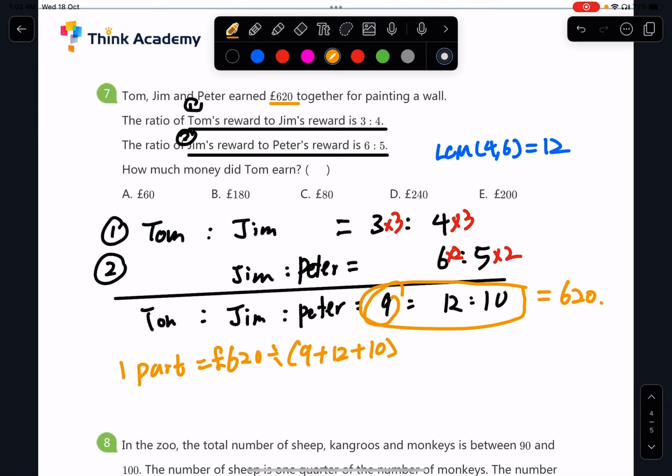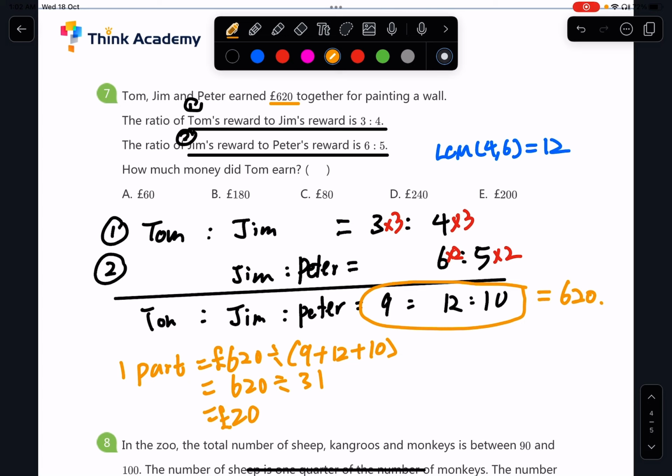Because Tom has 9 parts, Jim has 12 parts, Peter has 10 parts. Now we just calculate 620 divided by 9 plus 12 plus 10. It is 31. So 620 divided by 31, we get 20. So one part equals 20 pounds.